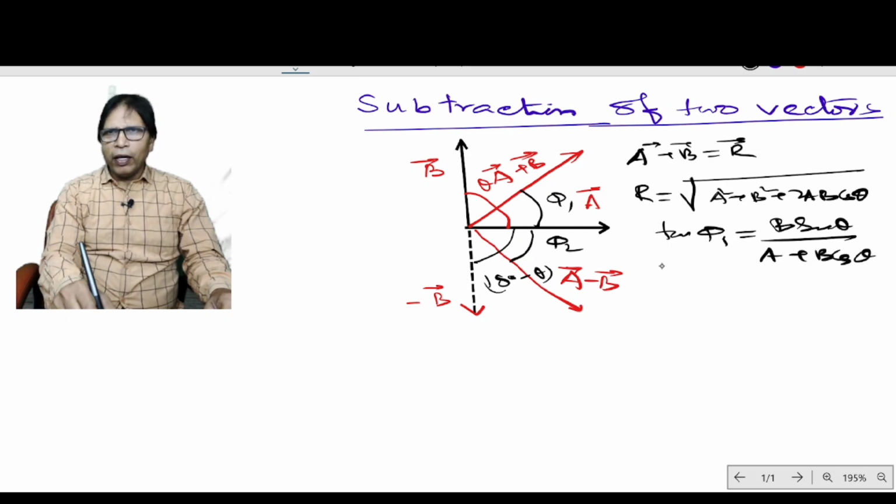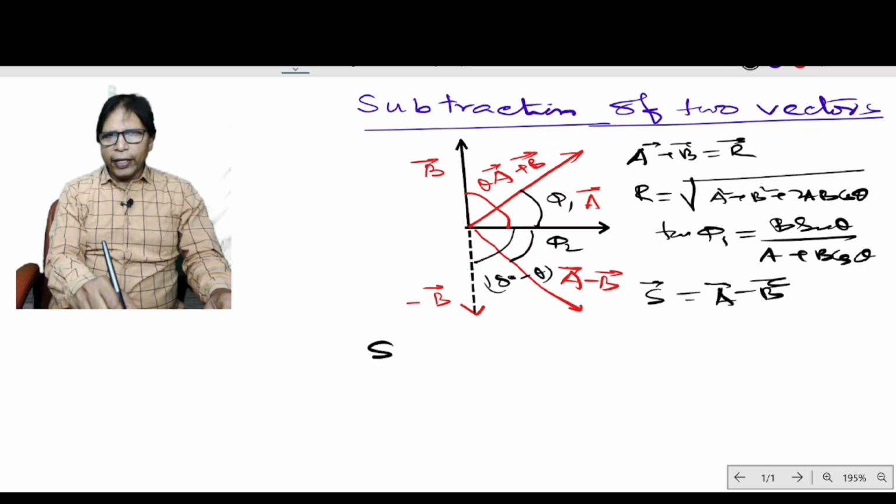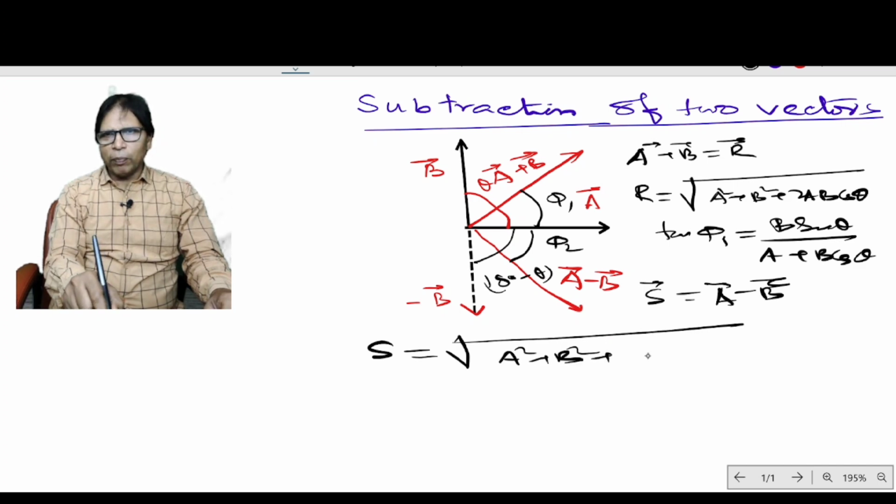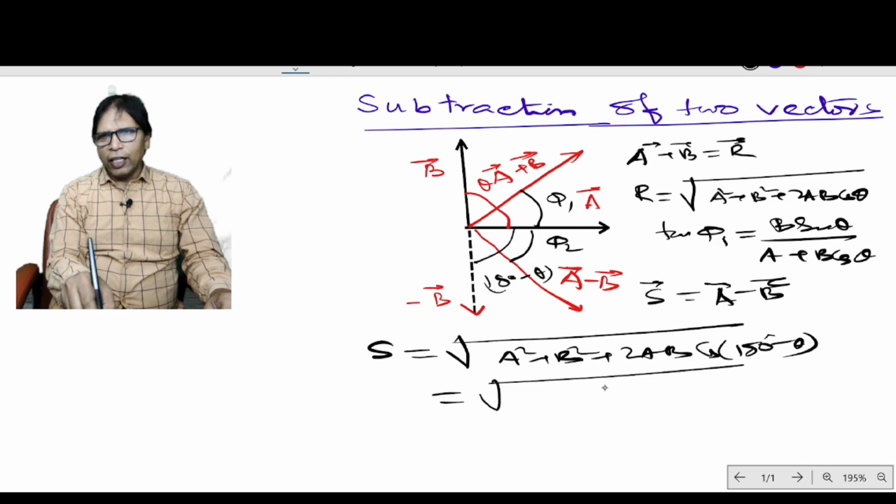No problem. Now the S vector equals the A vector minus the B vector. So S equals the root under of A square plus B square plus 2AB cos of 180 degrees minus theta, which is A square plus B square minus 2AB cos theta.